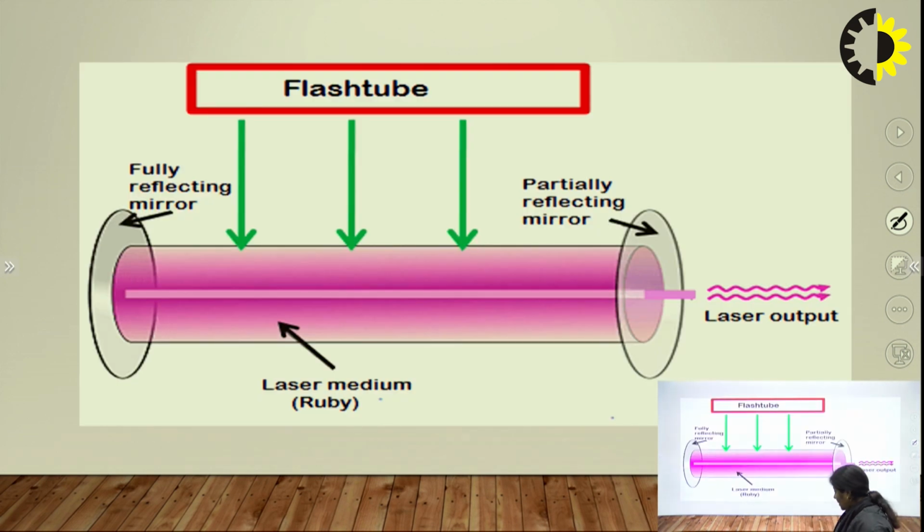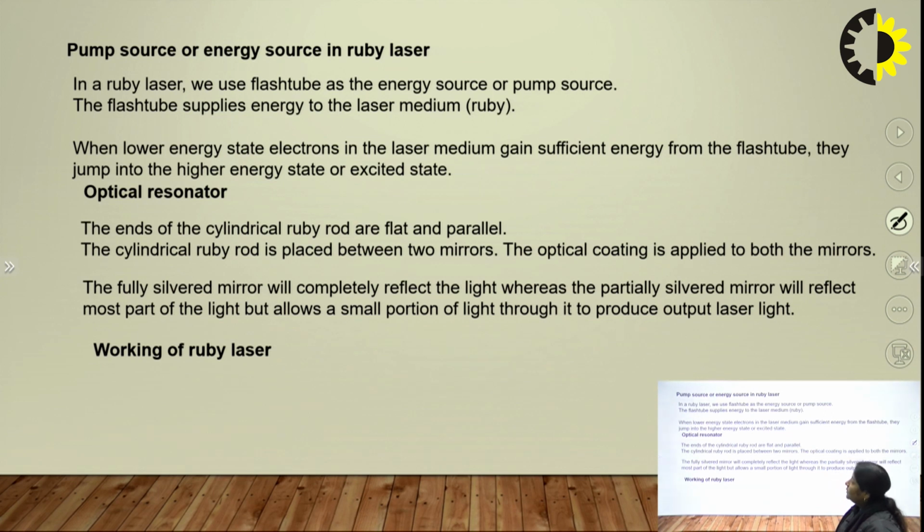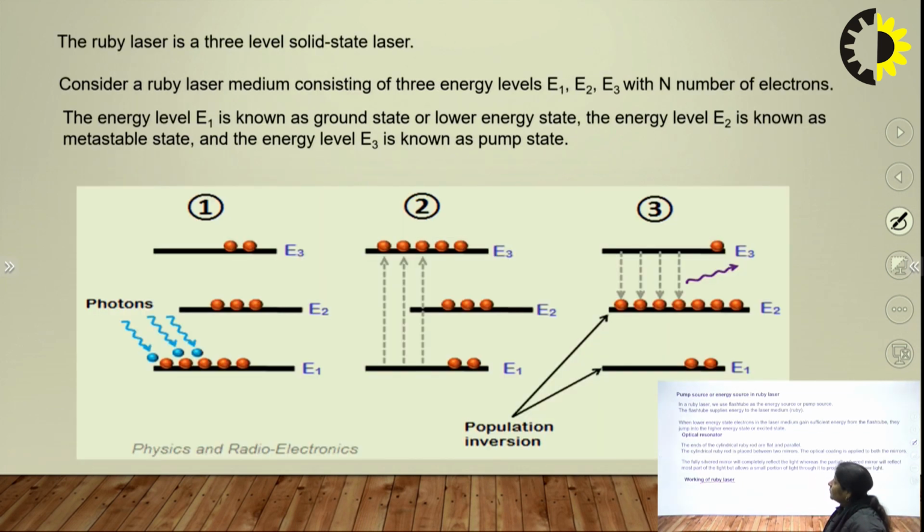So now after talking about the construction, we can come to the working of the laser. When we are discussing the laser, we talk about its construction and its category, like the ruby laser is falling in the category of solid state laser. Now we will study about the working.